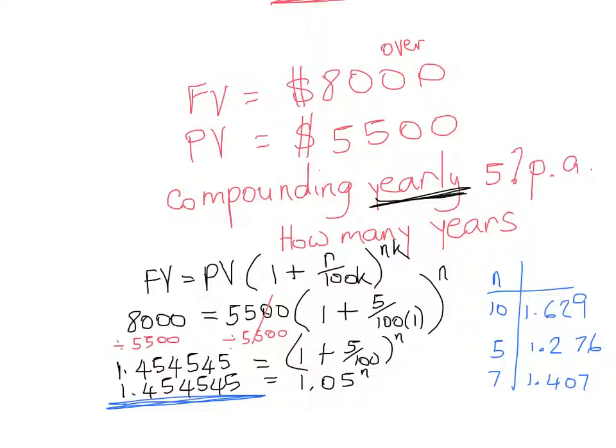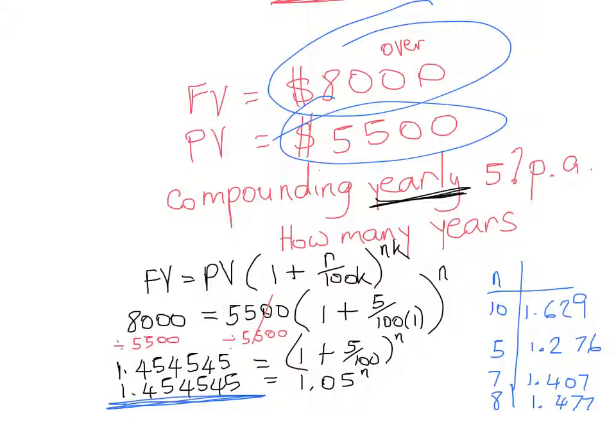It's a little too small, so let's try 8. 1.05 raised to the 8th power brings us over slightly. And that's what we're looking for. We're looking for the year when you go slightly over $8,000. So the number of years it takes for this amount to grow to over $8,000 is 8.